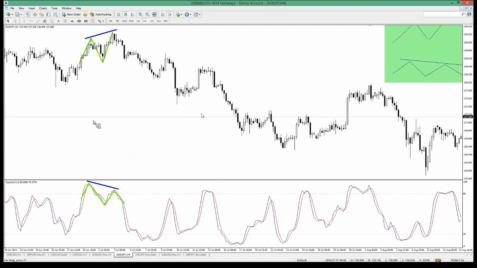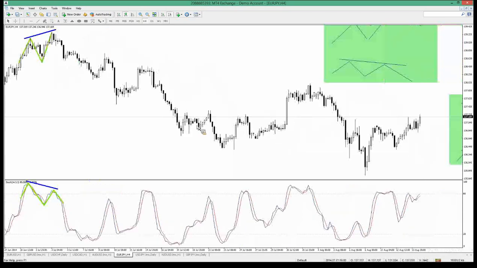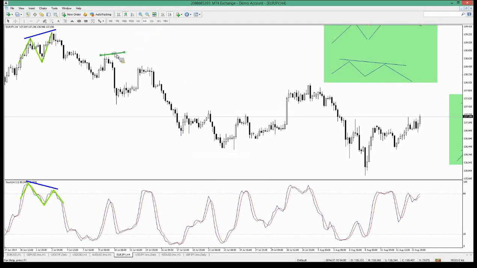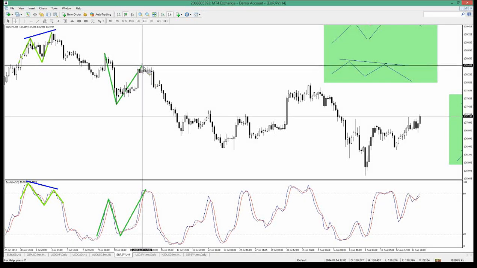Now, if we look at the reverse divergence, this is why I say it does take a little bit of getting used to. We have a trend which we've identified. Price makes a shift down, and then it rallies. But look what the indicator does. Follow suit: we have price moving down, the indicator moves up, but the indicator then takes another high, but price has not followed it.